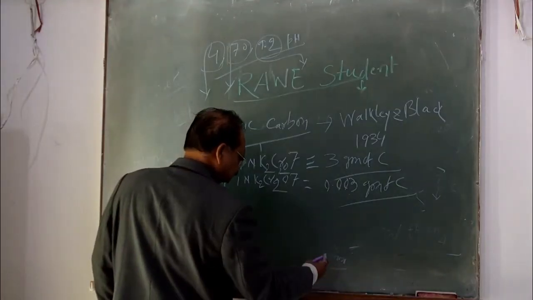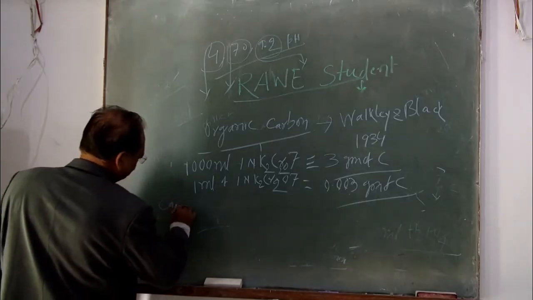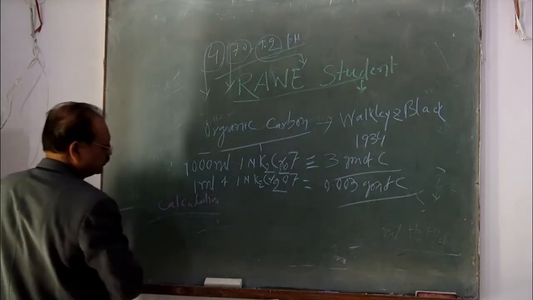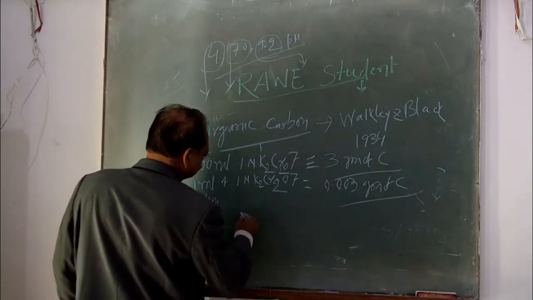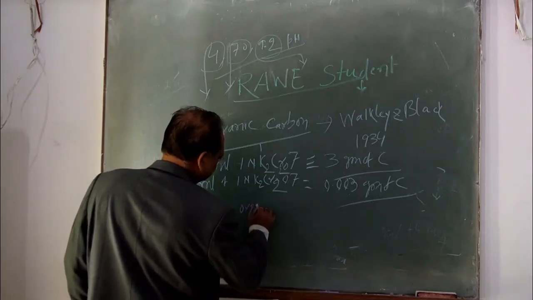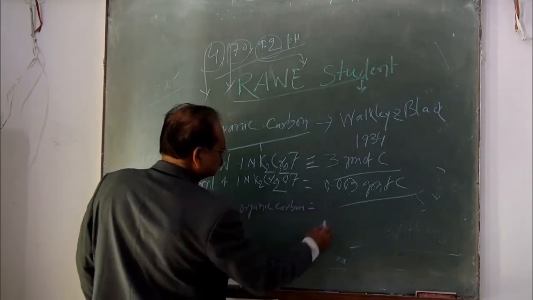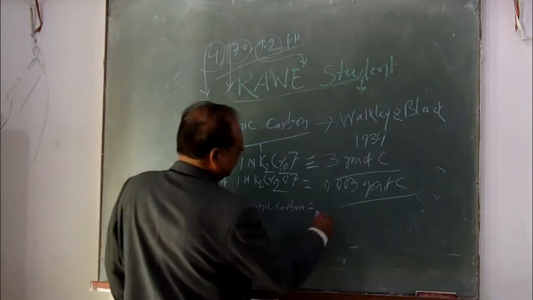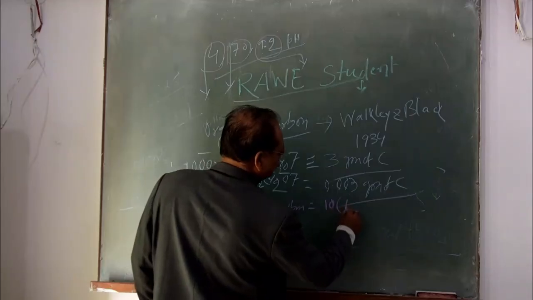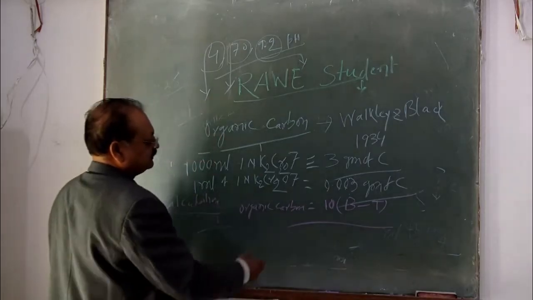Now for the calculation, what you have to do? Organic carbon is equal to 10 into B minus T. What is the 10?